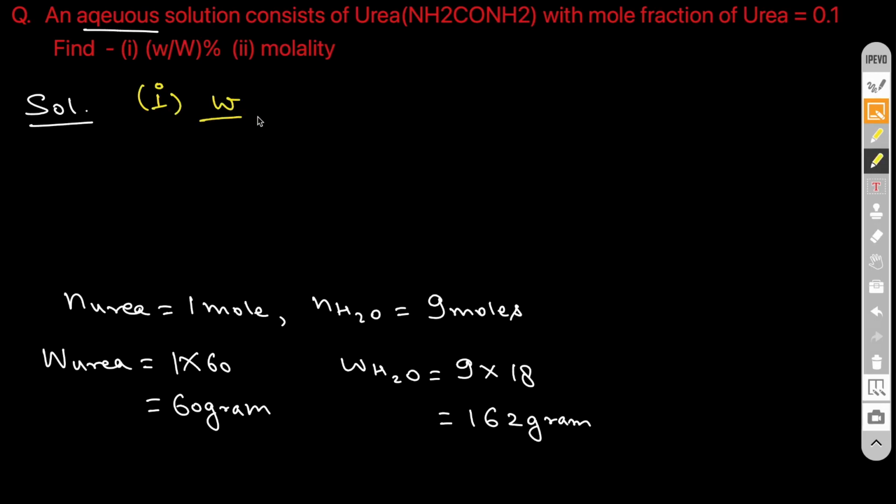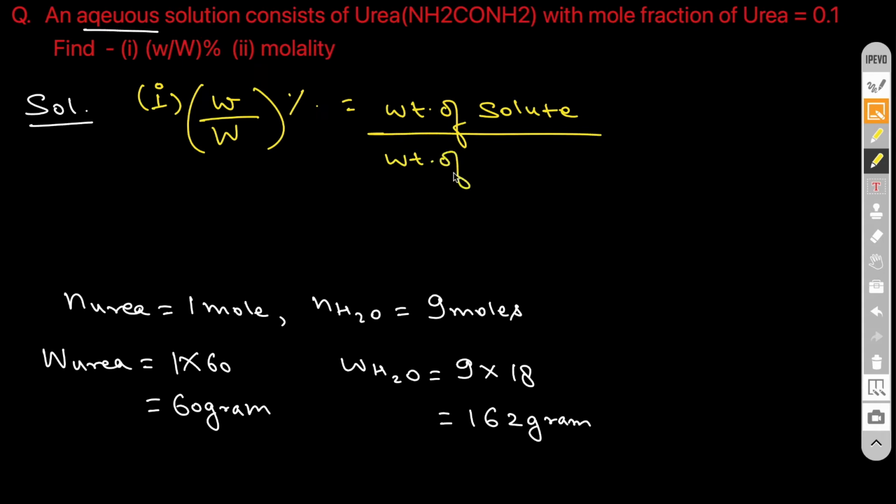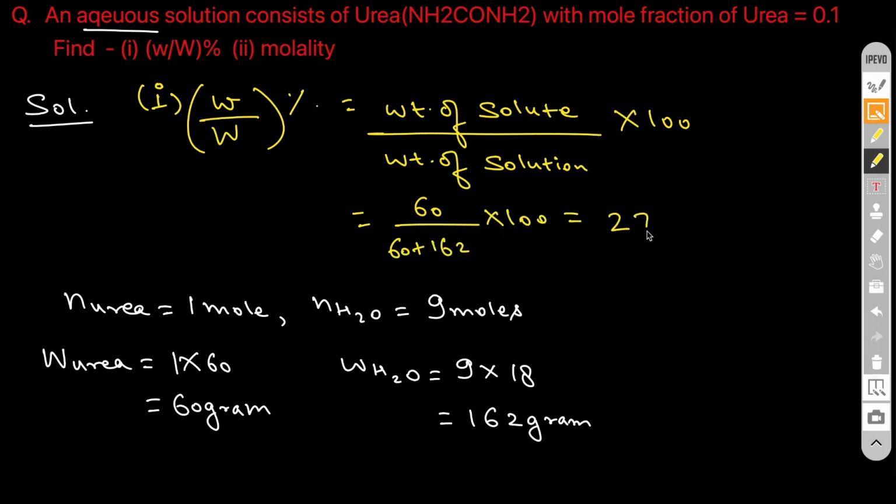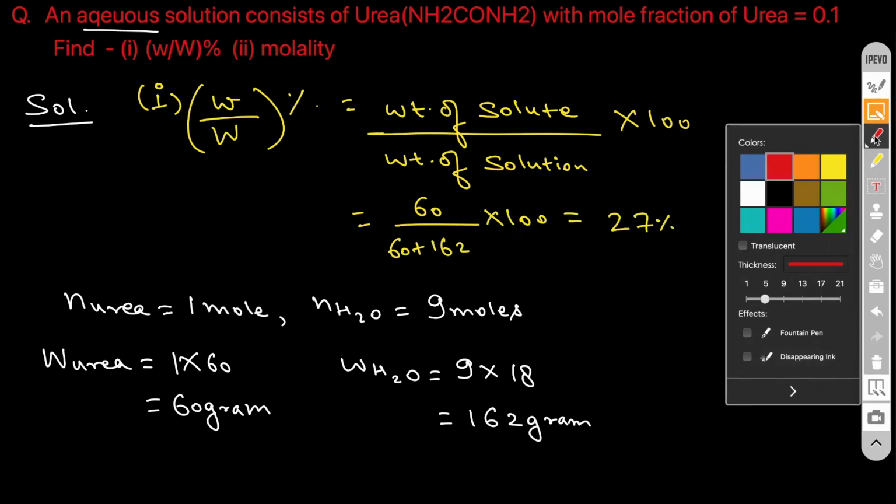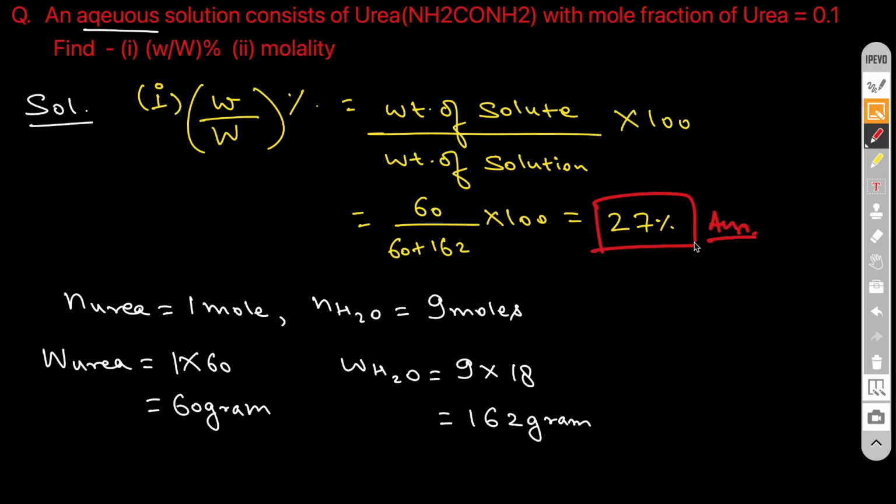Now we'll solve the first part, in which we have to find W by W percentage. So W by W percentage is basically weight of solute divided by weight of solution multiplied by 100, right? So weight of solute here is 60, weight of solution here is 60 plus weight of solvent, which is 162, multiplied by 100. On solving, it will come out to be 27% simply. So this will be the answer. Now we'll solve the second part.